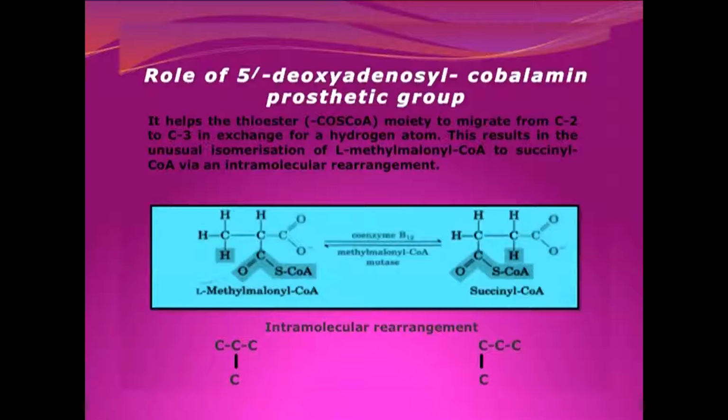In this reaction, we can see that L-methylmalonyl-CoA is getting converted to succinyl-CoA through an intramolecular rearrangement reaction. That means the acetyl-CoA group, which is originally situated on carbon number 2, is getting shifted to carbon number 3, and the hydrogen atom from carbon number 3 is getting shifted to carbon number 2. So this is a very good example of intramolecular rearrangement.